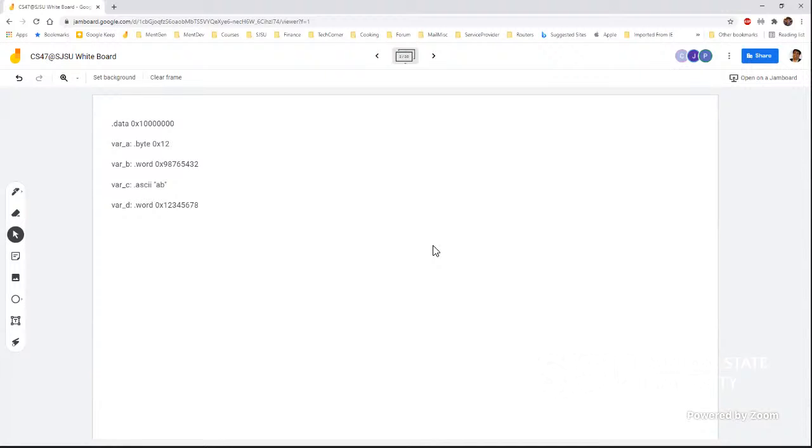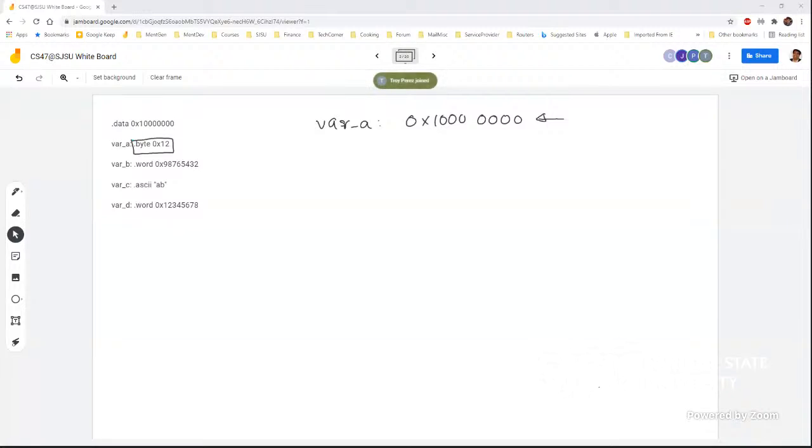So your var A, that first level, starts from that address. And then address B. So what the assembler does in this case is it starts from this address and places a byte value on that address.